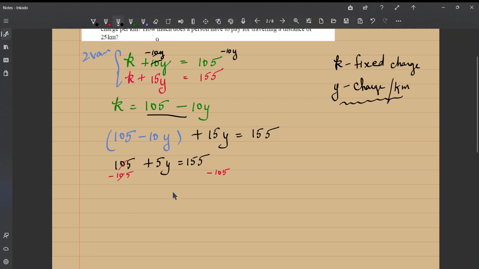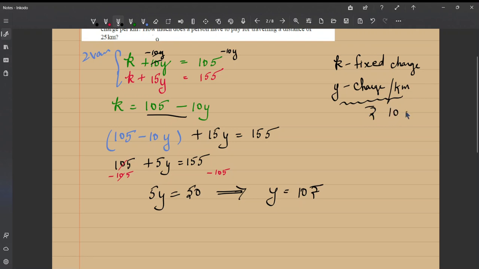So we get again 5y is equal to 155 minus 105, which is 50. So this implies that y is equal to 50 by 5, which is 10. So y is the charge per kilometer. So y is 10 rupees, right? So we have found the charge per kilometer.